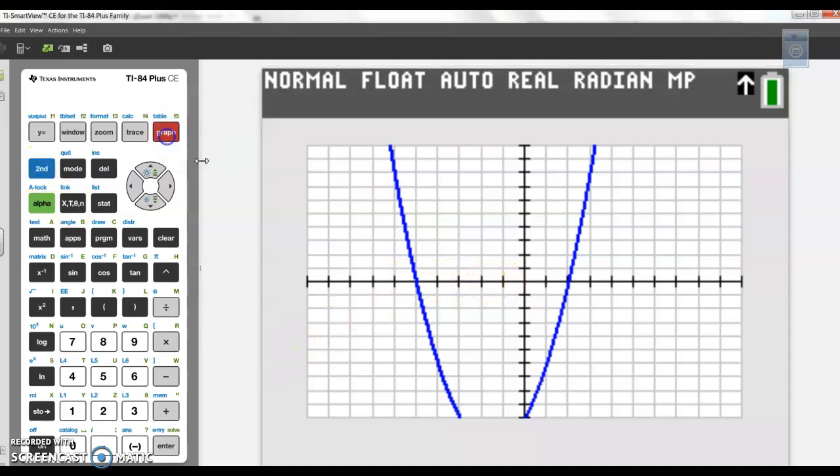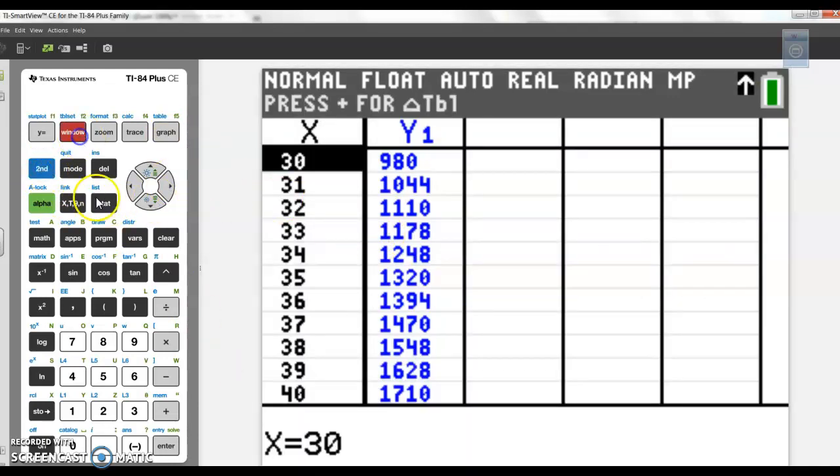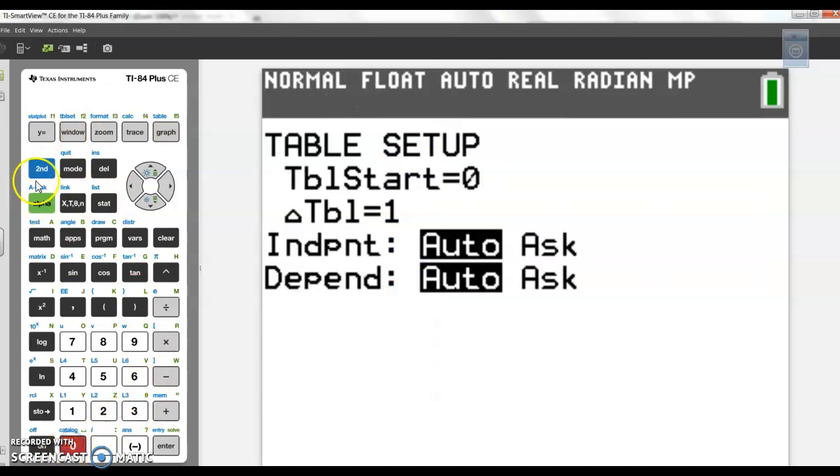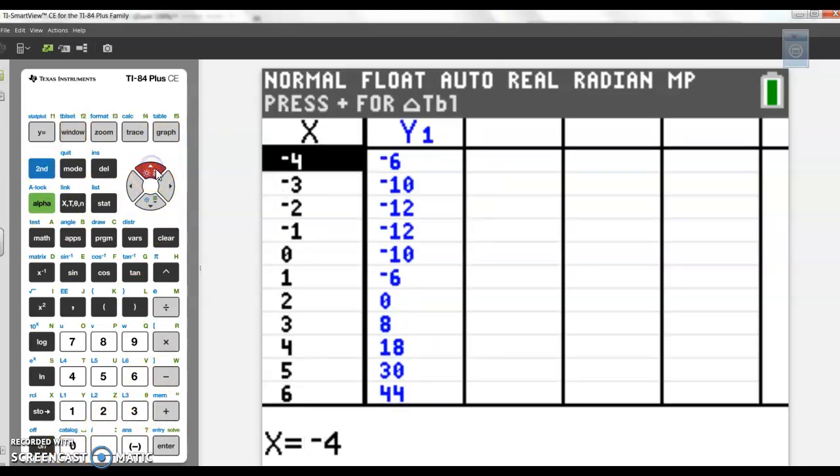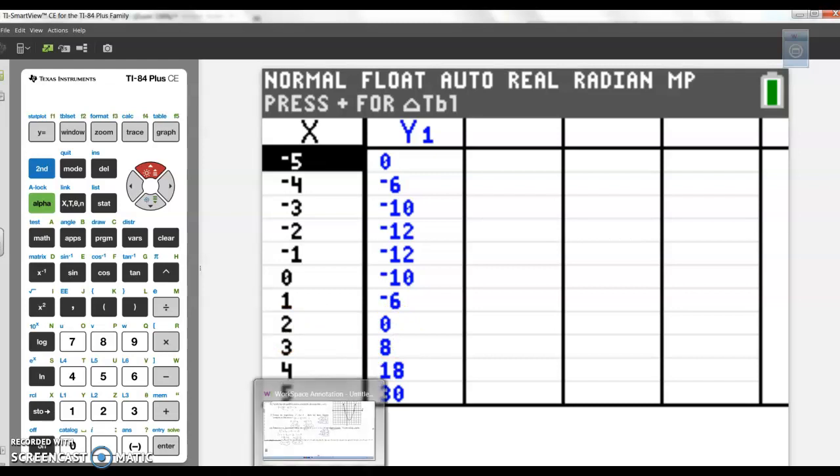I look at my table. Here's my table. If I go to -5, my y is equal to 0, and when x is 2, y is equal to 0. You can also do this on Desmos. You can look at the values there to verify that as well.